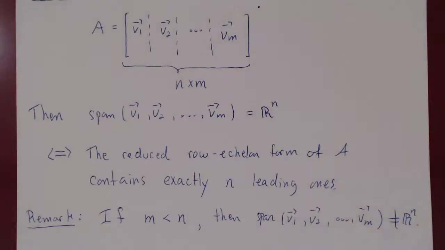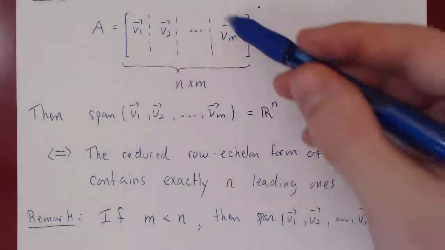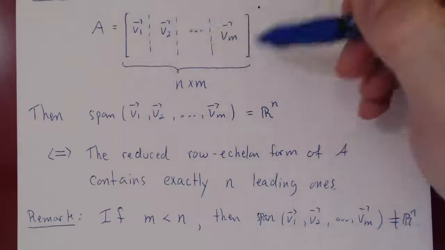And what's nice, if you go back to the previous video and think of the concept of linear independence or dependence, the answer also lied in the reduced echelon form of the matrix, where the columns were the vectors of interest.